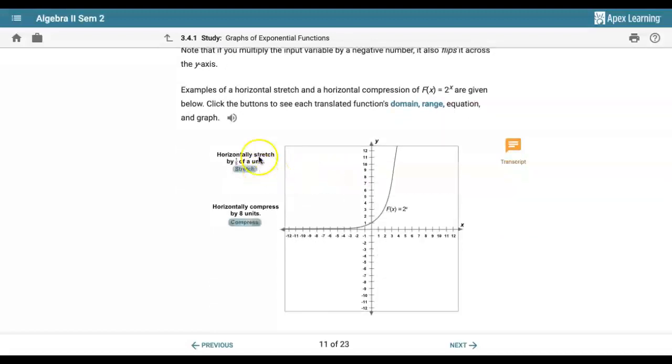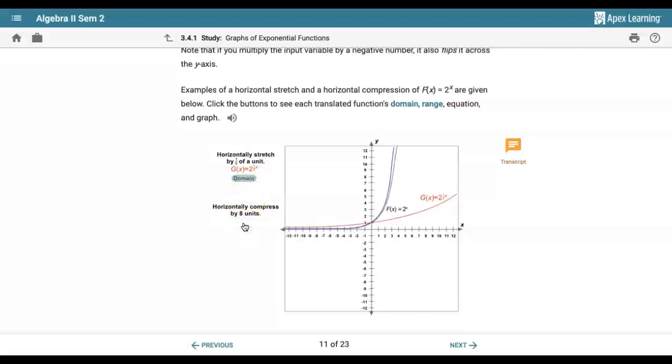But when we're talking about horizontal stretching now instead of vertically, if we wanted to horizontally stretch by 1/5, what you're going to notice is we now multiply our x value by 1/5.